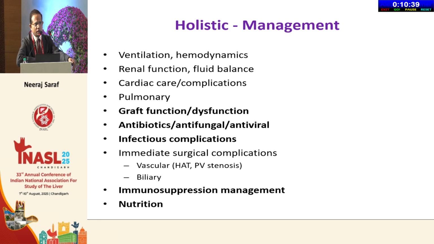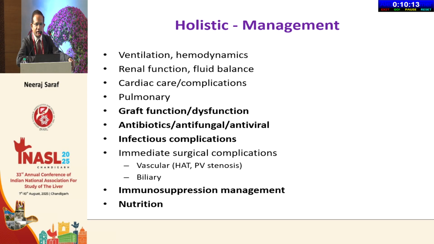Pulmonary is extremely important because pulmonary infections are one of the most frequent causes of morbidity and mortality, especially post-transplant. Graft: we must know how to maintain graft function, and what to do when there is graft dysfunction. Antibiotic use has to be known, antifungals, antivirals, when to use them, which one to use.